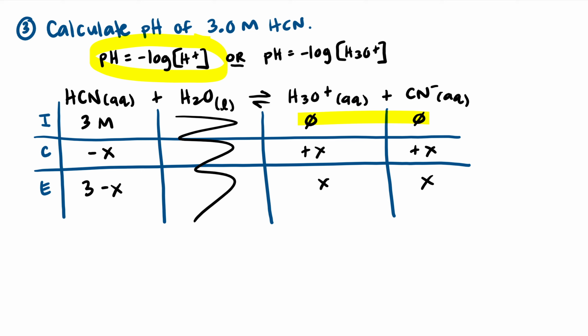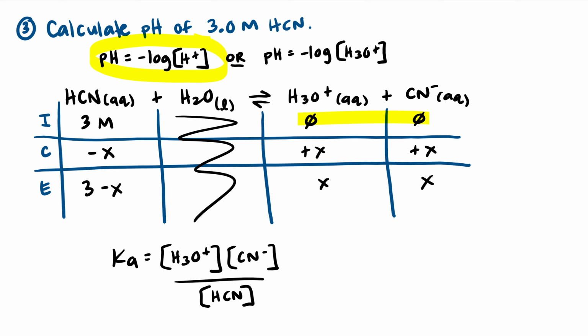Well, you already wrote the Ka expression. You were given the Ka value, 6.2 times 10 to the negative 10. So we'll plug in that number. From our ice chart, you know that hydronium is X at equilibrium, and cyanide is also X at equilibrium.